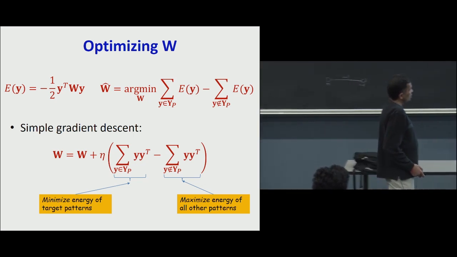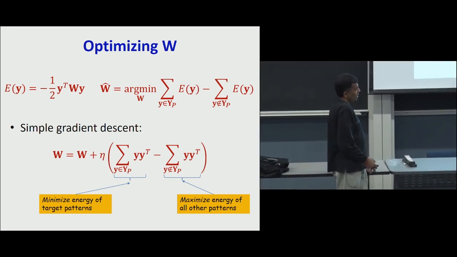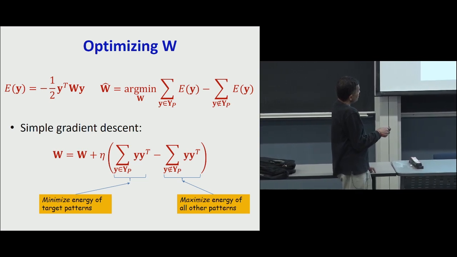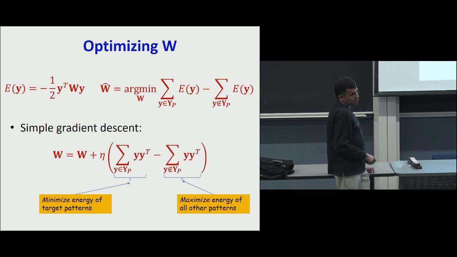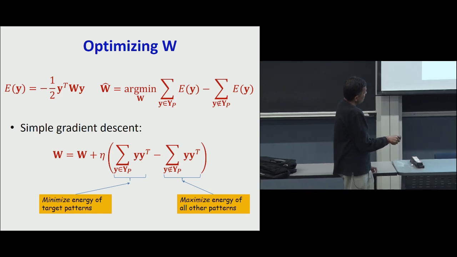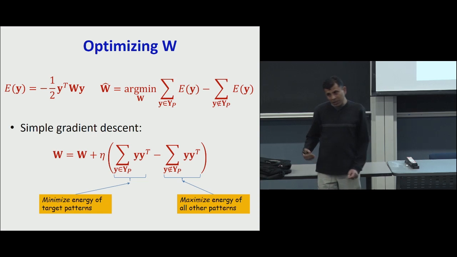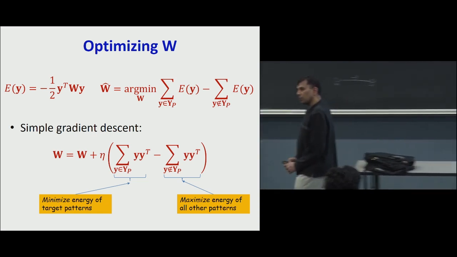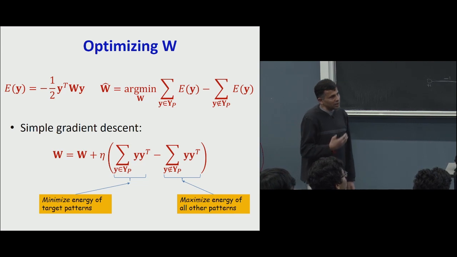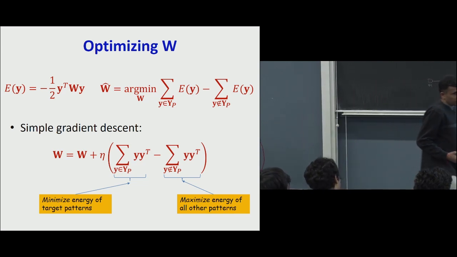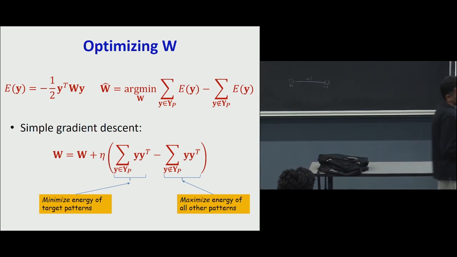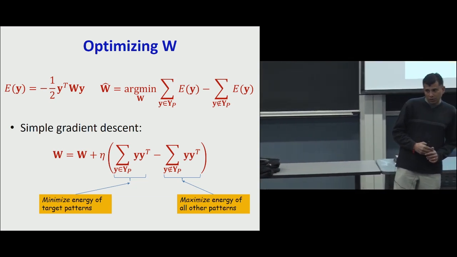And for this, we could just use a simple gradient descent mechanism, which says that in each iteration, the weight is going to be updated by some positive scaling of this term here, which is computed by differentiating the objective, and comprises the difference between two terms. The first is the outer product, basically the Hebbian weight matrix. If you think of it that way, it's the sum of the outer products of all of the patterns that you're trying to store.